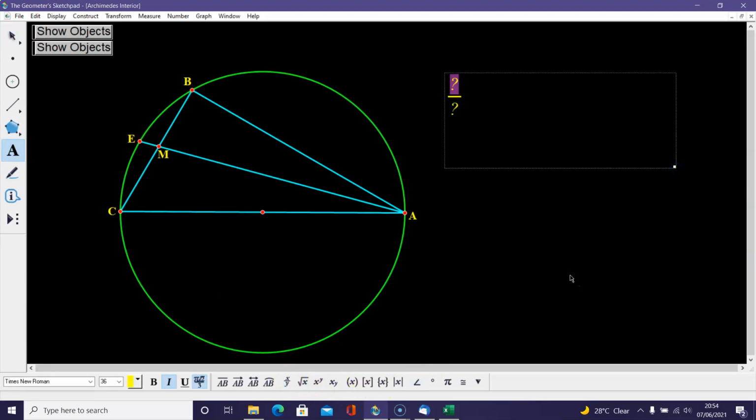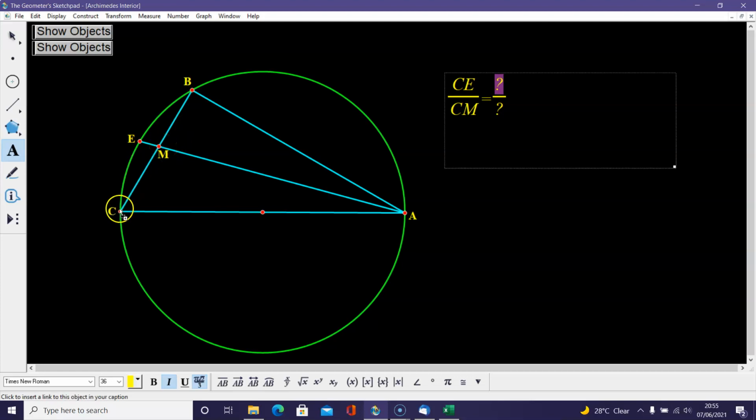I want C to E as a numerator, and my denominator will be C to N. And that is going to be equal to another ratio, and this ratio is now going to be in triangle ABN.